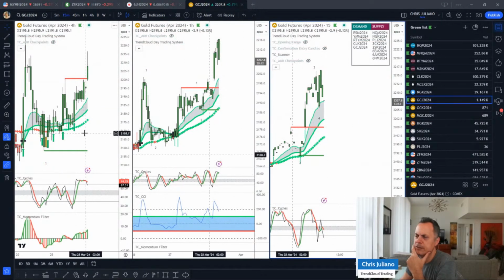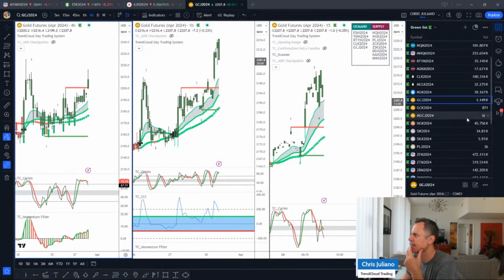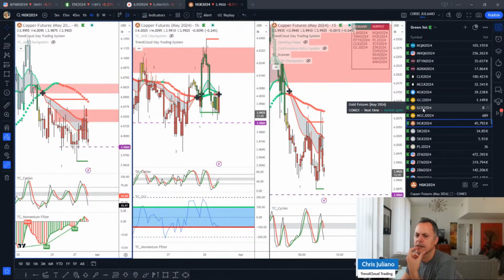Really not a good time to trade gold. Look at how low that volume is. Wait a second. Copper is on the K contract. Silver is on the K contract. Interesting.